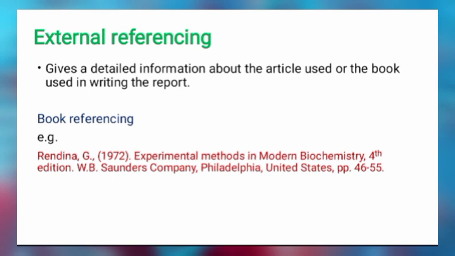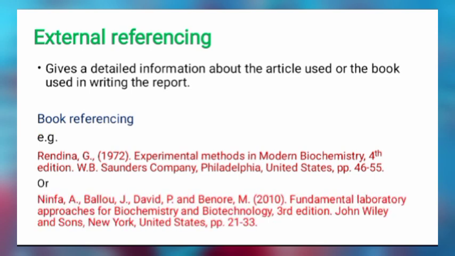So the format is somewhat similar, but here you write the name alone, then you bring the year before you go to the topic, and then you write your publication, town or city, country, and then the page. In case you forget, just take note of this particular example and use it as a guide anytime you are making your references.